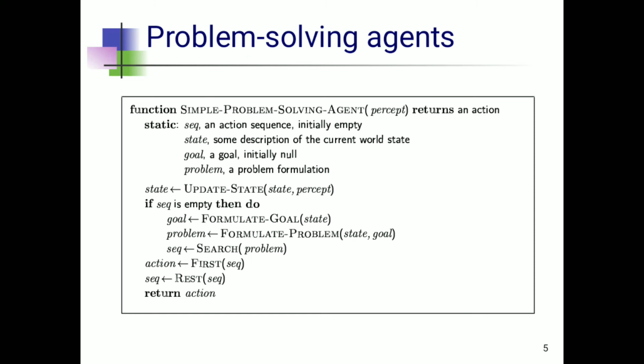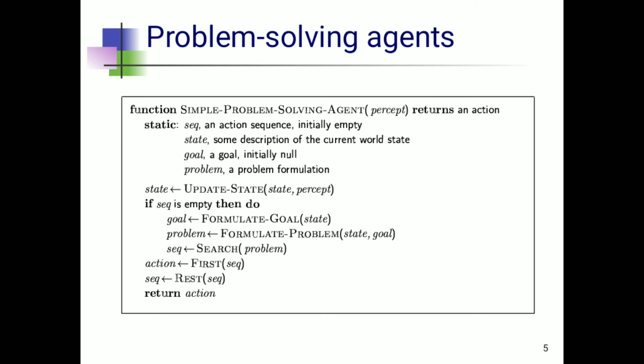The function name is simple problem solving agent. It takes the percept as input and returns an action. There is a static action sequence, initially empty; state, some description of the current world state; goal, initially null; and problem.